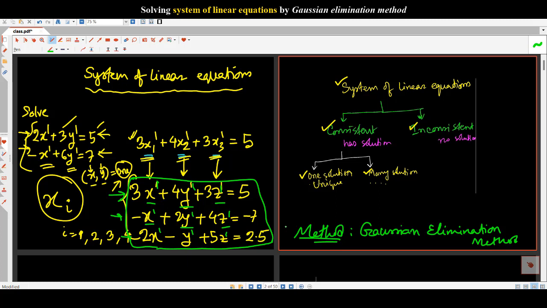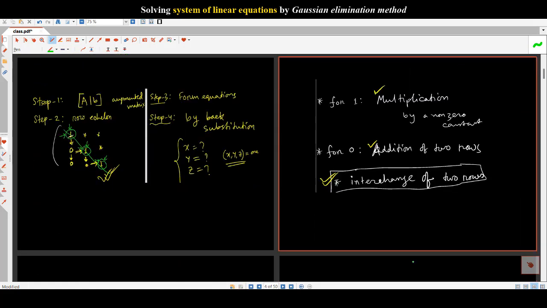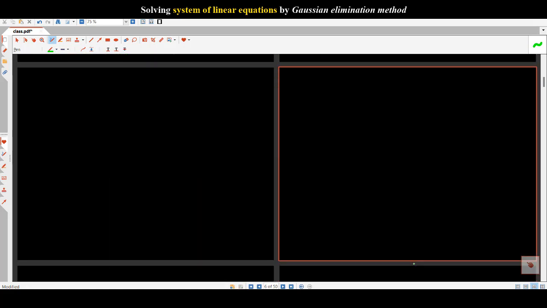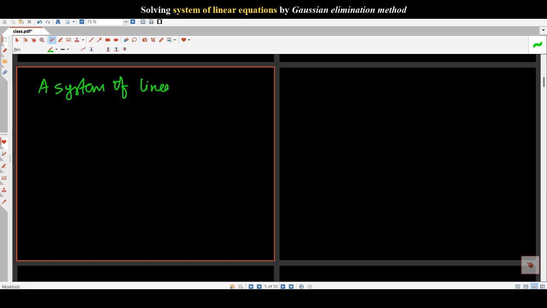Before describing the method, at first we have to understand the short form of a system of linear equations. So suppose we have a system of linear equations.